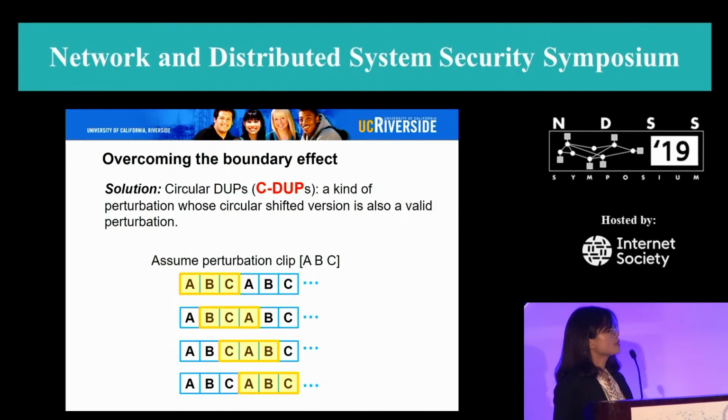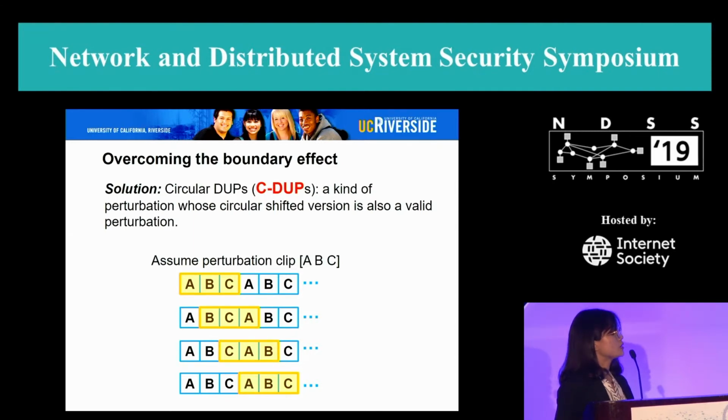So to overcome this problem, we propose circular dub. C-dub is a kind of perturbation whose circular shifted version is also a valid perturbation. The motivation here is that we found all the possible extracted perturbations are actually circular shifted versions of the original perturbation. As you can see here, this BCA is a circular shifted version of ABC.